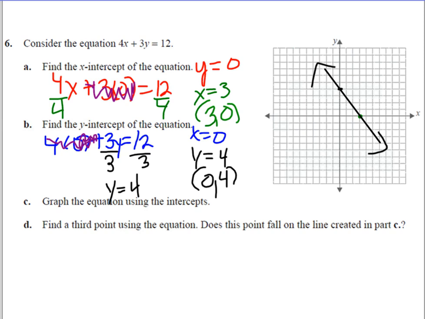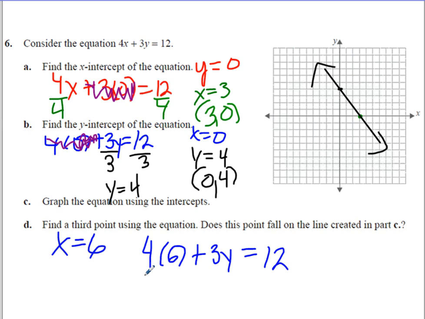In this case, I can't pick 0 because I already did, so let's pick a different number. Let's use 6 for our x value. So we have 4 times 6 plus 3 times y needs to equal 12. 4 times 6 is 24, so 24 plus 3y equals 12.